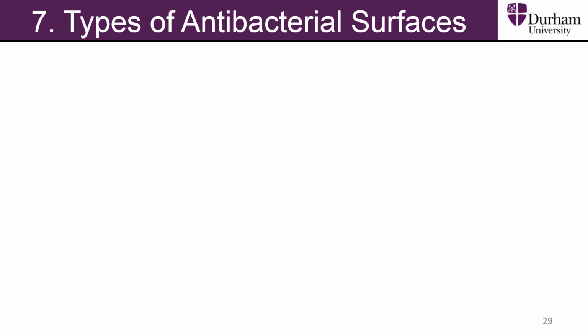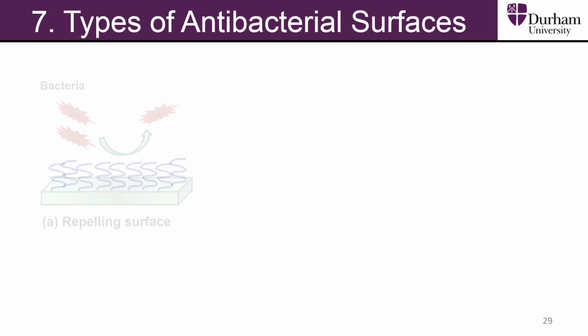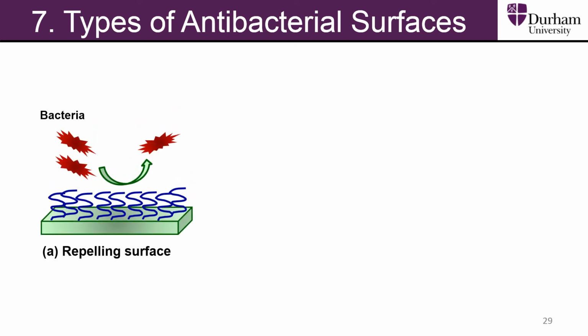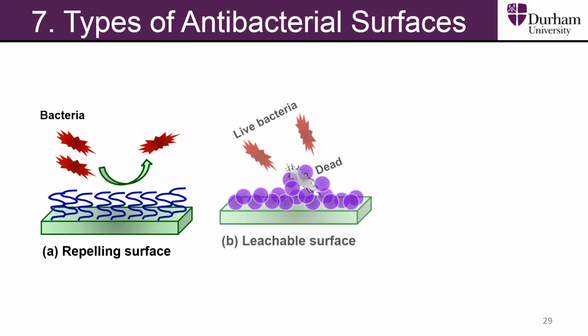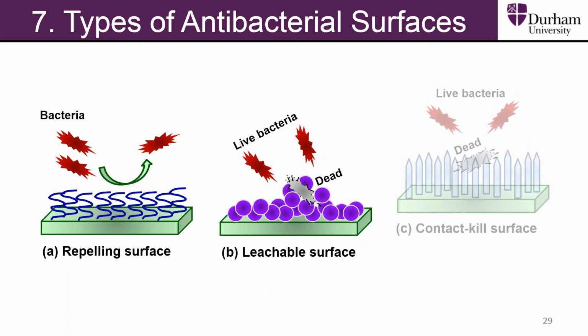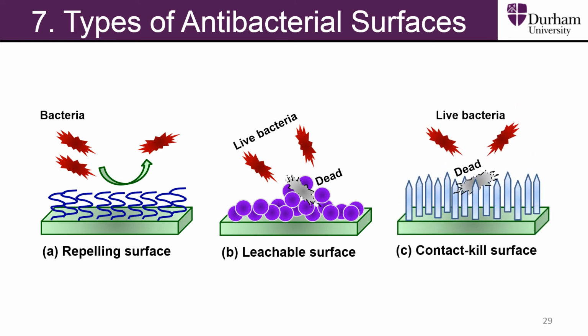Antibacterial surfaces can be categorized mainly into three groups. First, bacteria-repelling surfaces that show superhydrophobicity. Second are surfaces treated with leachable antibacterial agents. And third are surfaces that kill bacteria which come into direct contact with it.